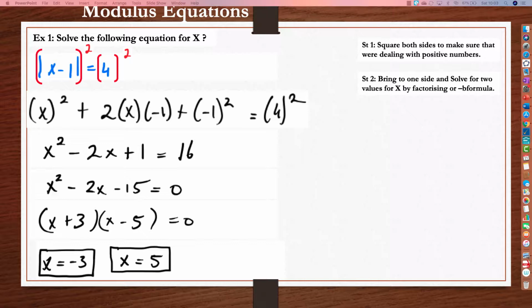Right. What I want you to do is have a go at this one. Modulus of 3x minus 1 minus 4 is equal to 0. Try to solve that one.